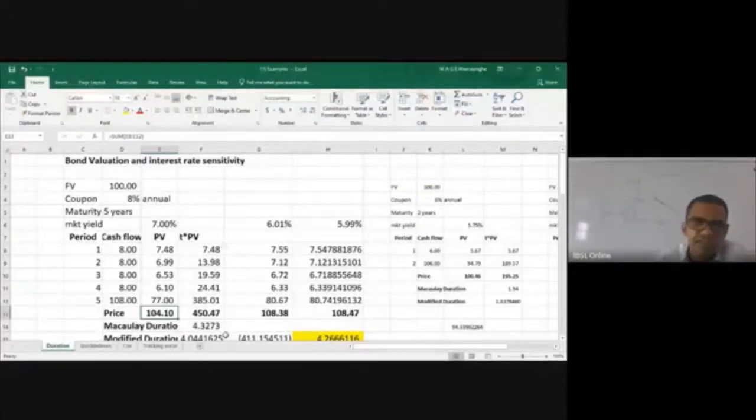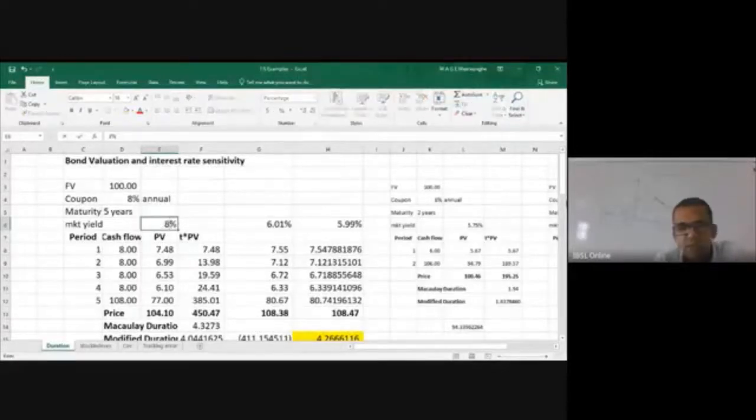That relationship is correct. So when you do this sort of exercise, the first thing is to check whether you have put this equation correctly. The easiest way to check is to put the market yield the same as the coupon.